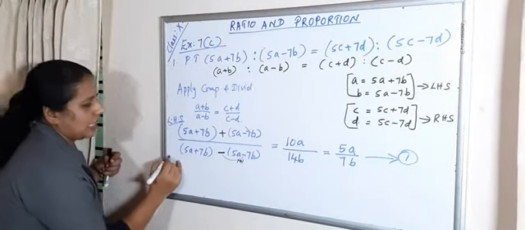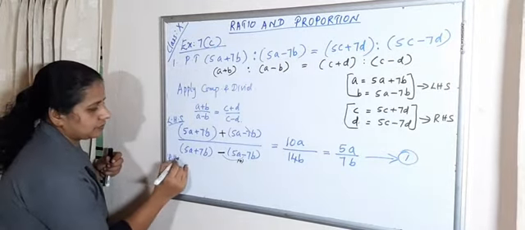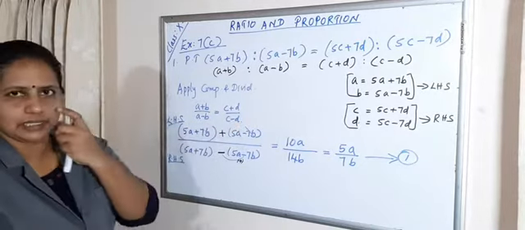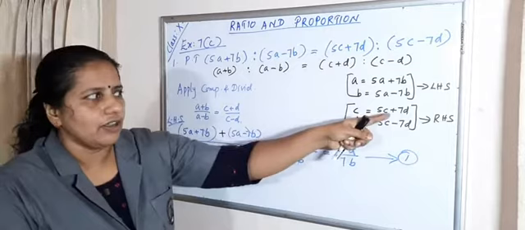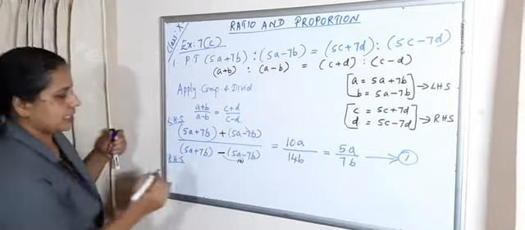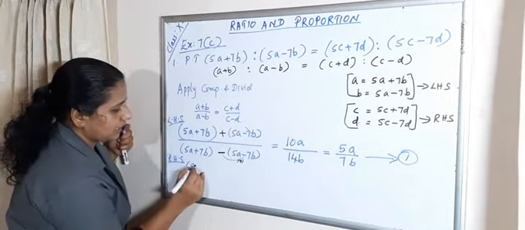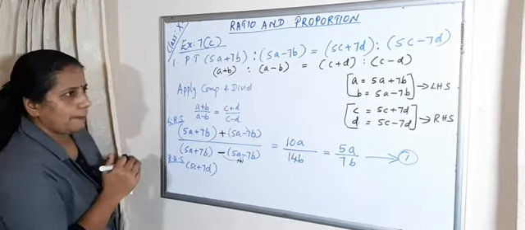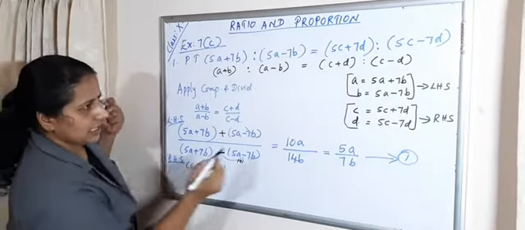Next you take the RHS side. That is (C + D) by (C - D). What is C? 5C + 7D. That is 5C + 7D. C + D. What is D?